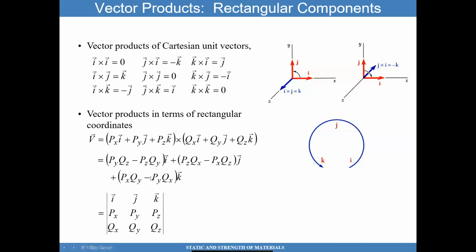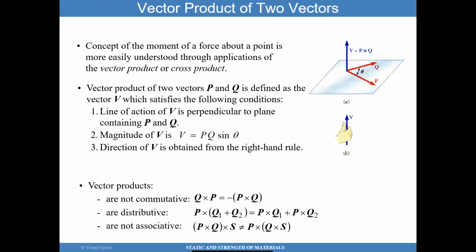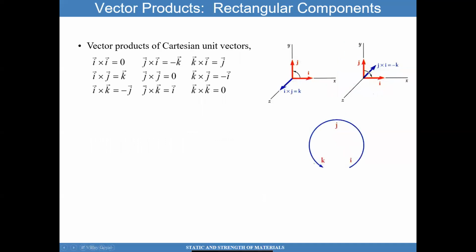And that vector will be perpendicular to the plane defined by the vector P and the vector Q. Its magnitude can be found through the formula that was discussed earlier, which is this one right here: magnitude of P, magnitude of Q, and the sine of the angle between the two vectors.